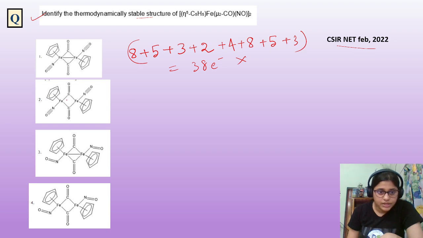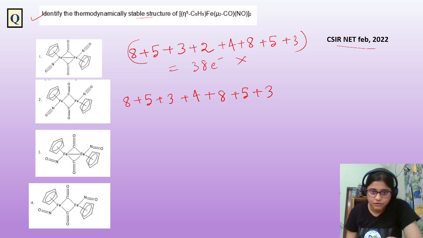Here all things are the same, only the metal bond is not present. Everything is the same. See, 8 plus 5 plus 3 for NO, and 4 for the 2 carbonyls, and again 8 for Fe, 5 for Cp, and 3 for NO. Okay, let's just count that.